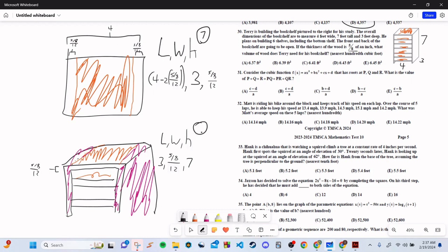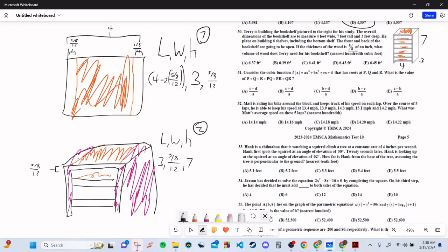And for those 2 magenta plates, we're going to have 2. Misspoke. And so we're just going to do 7 times the length, width, and height, which is 4 minus 2 times 5/8 over 12, times 3, times 5/8 over 12. We're going to add that with those 2 magenta plates, so we add 2 times 3 times 5/8 over 12 times 7.